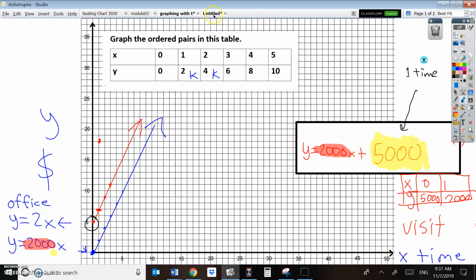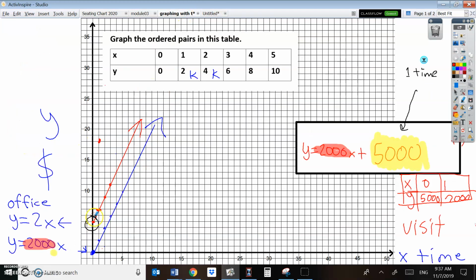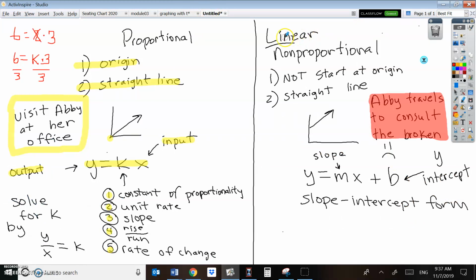This red line is a linear non-proportional relationship. Linear means it's a line, okay? It's a straight line, but it does not start at the origin. It could start up and then it goes up.